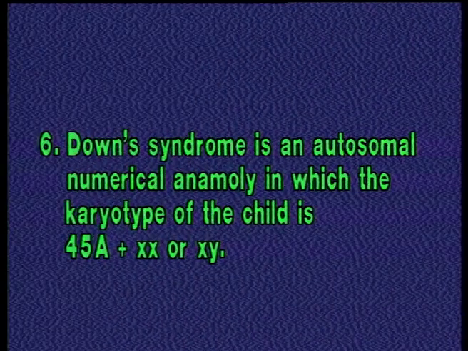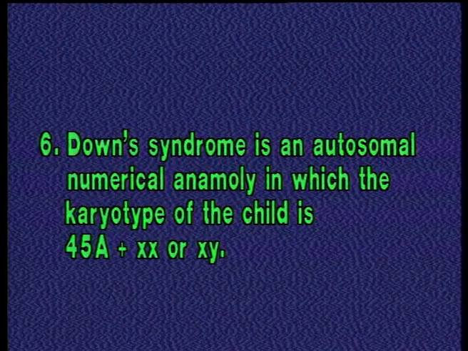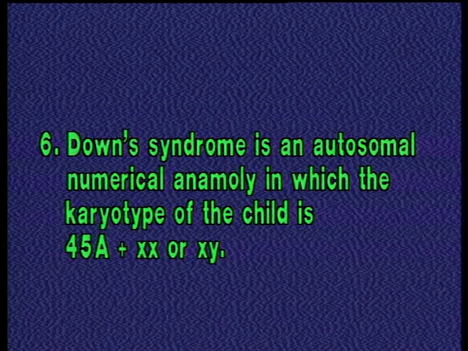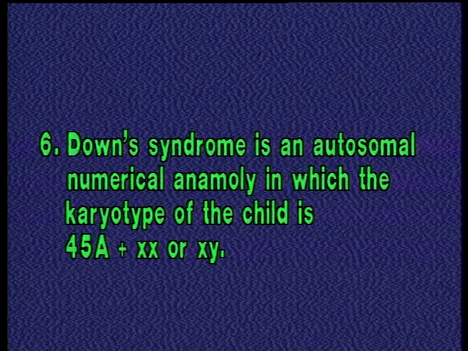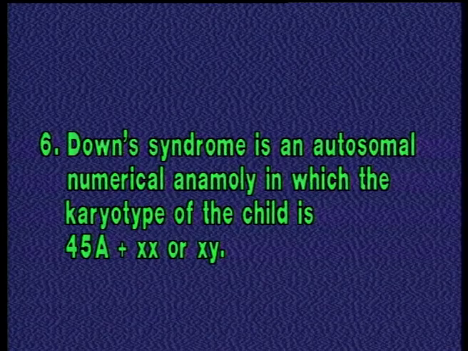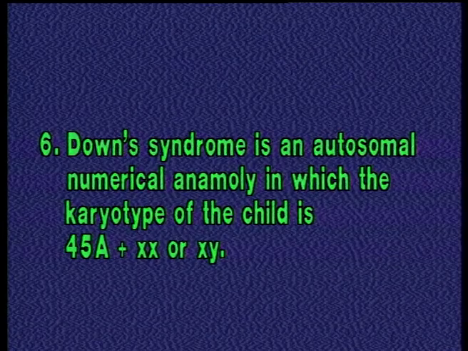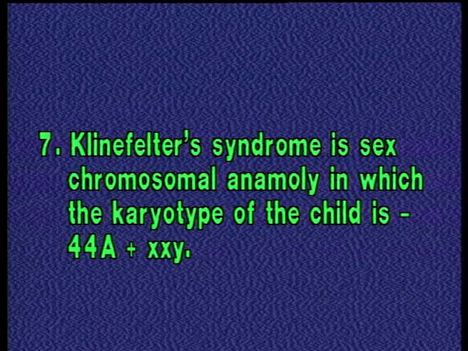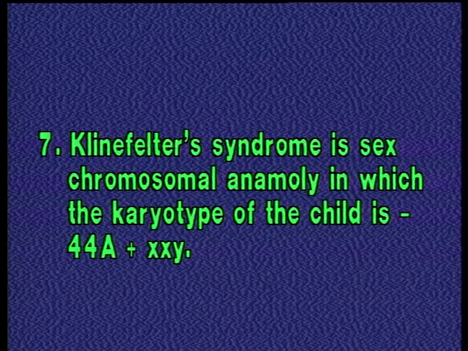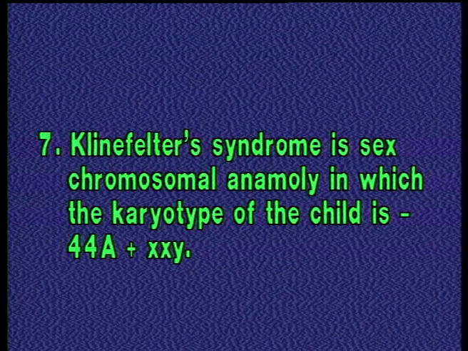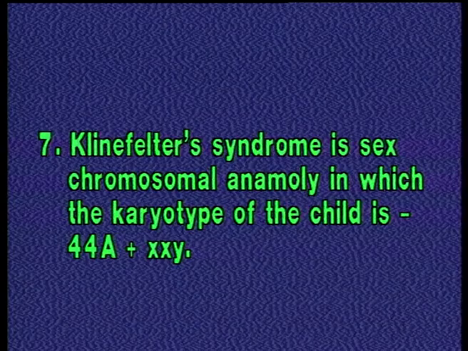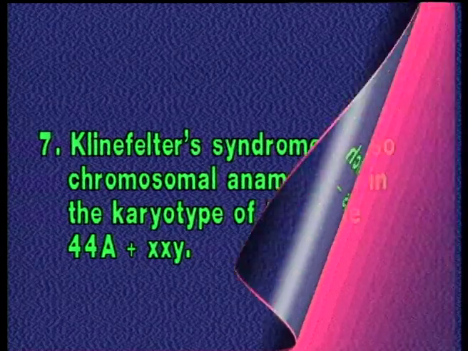Number 6, Down syndrome is an autosomal numerical anomaly in which the karyotype of the child is 45 autosomes plus XX or XY. Number 7, Klinefelter syndrome is a sex chromosomal anomaly in which the karyotype of the child is 44 autosomes plus XXY.